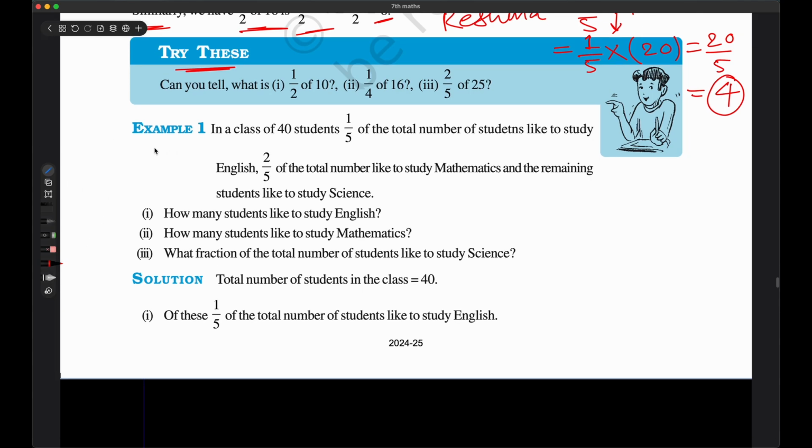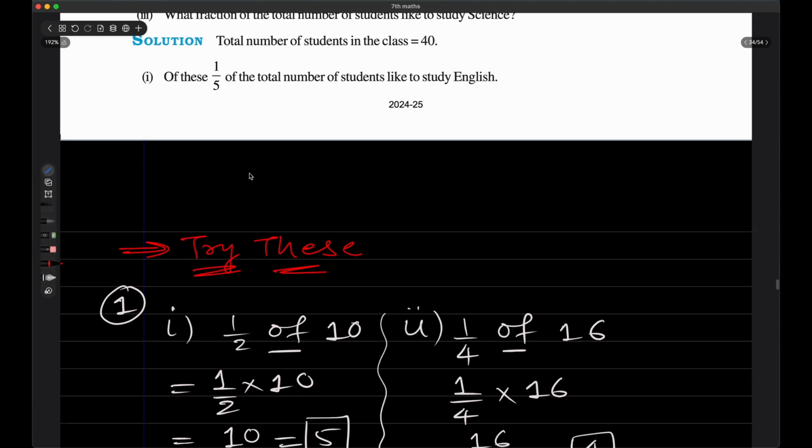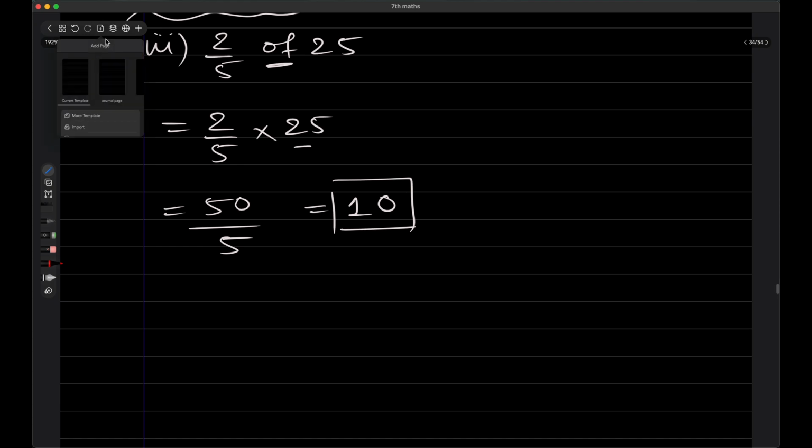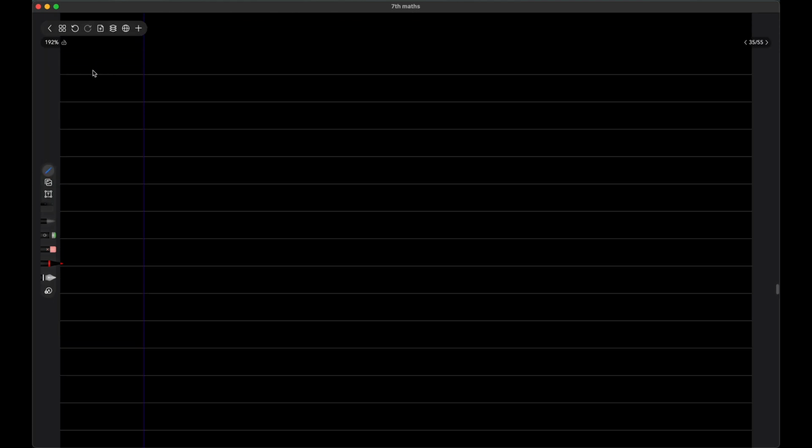Now let us solve example 1. Example 1 says that in a class of 40 students, so in total there are 40 students.